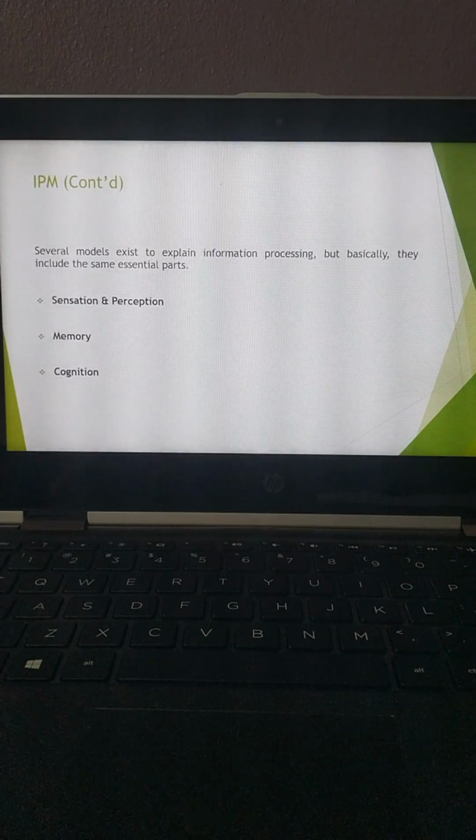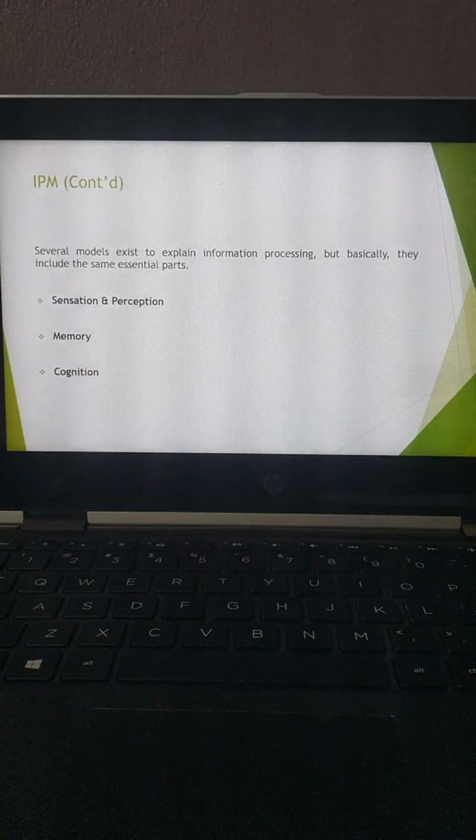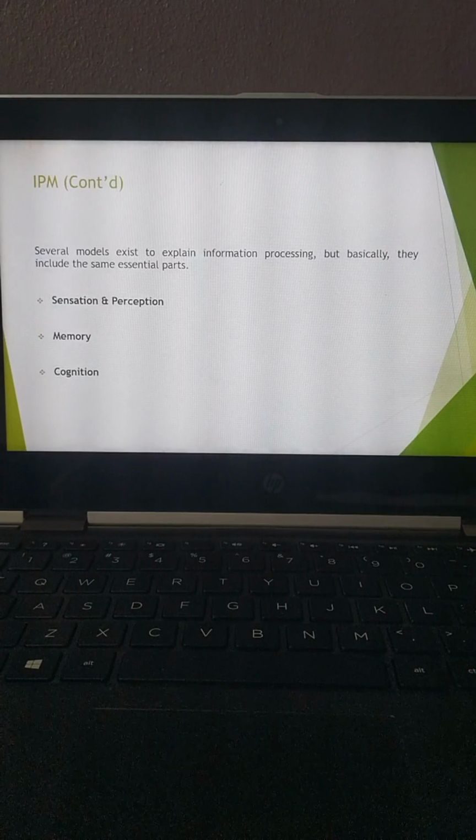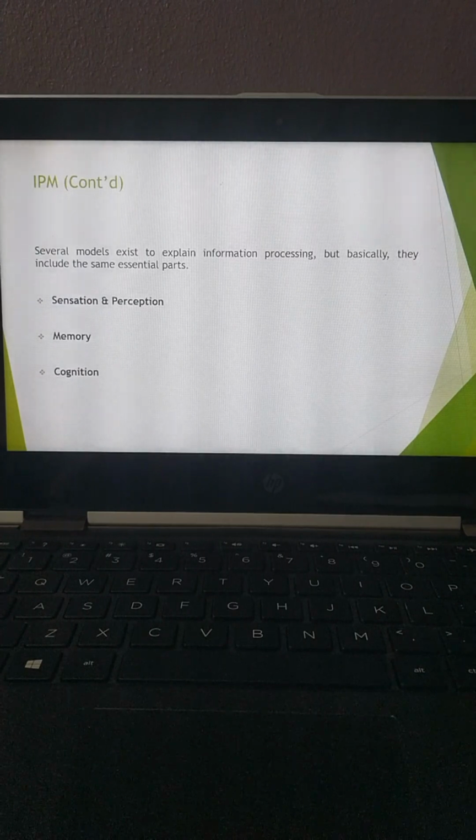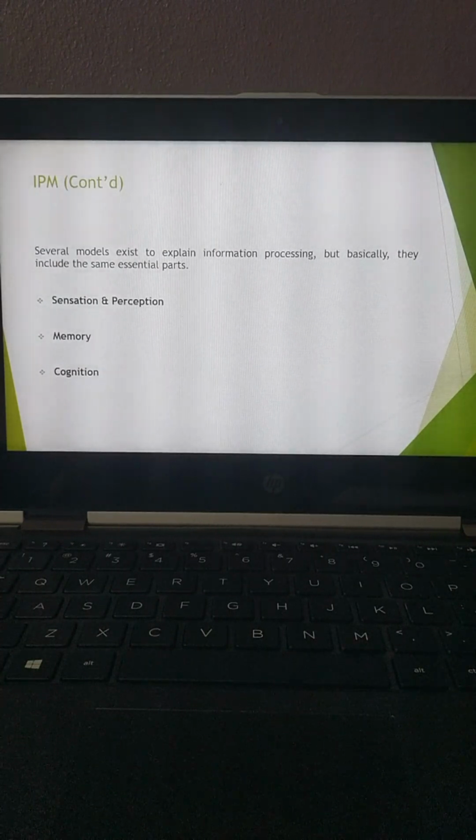As we move on, I'm going to explain what memory is. And the last is cognition. We talked about cognition in the last class. It has to do with attention. I mentioned some of the scopes: attention, problem solving, decision making, and the others.